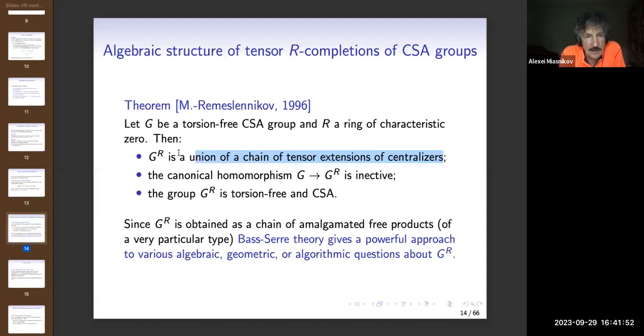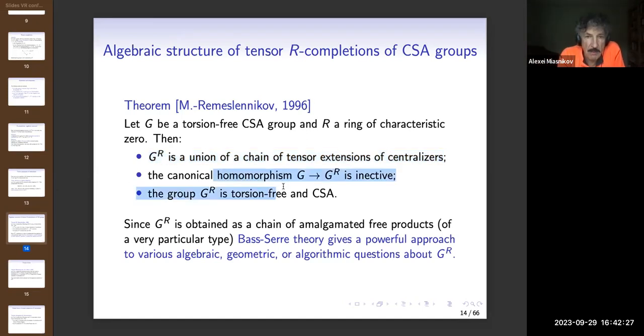You just extend all centralizers, and when you do the free product with amalgamation, new cyclic centralizers appear. So you extend again and keep going. It depends on the group: if G is countable, then it's a direct limit of a countable chain.